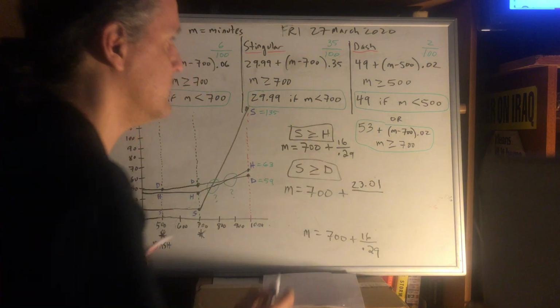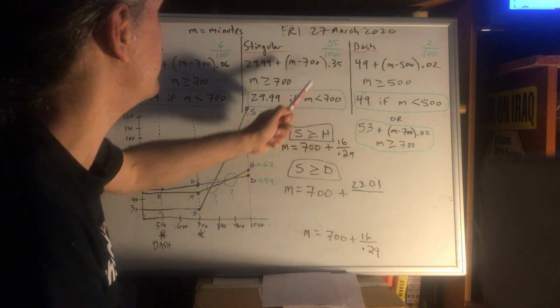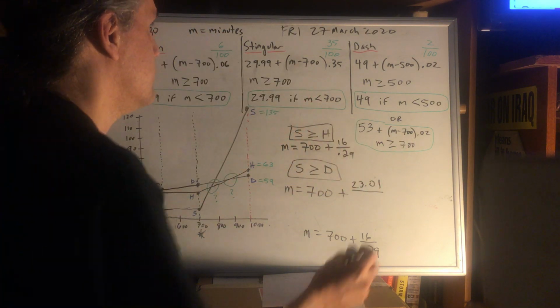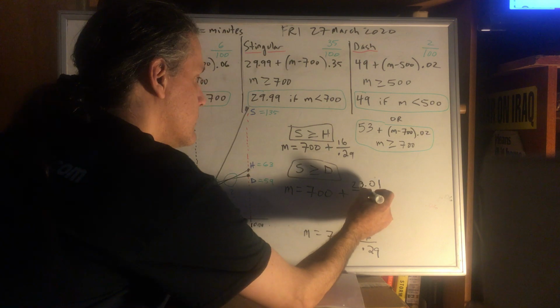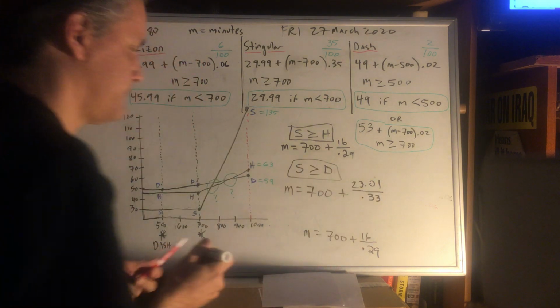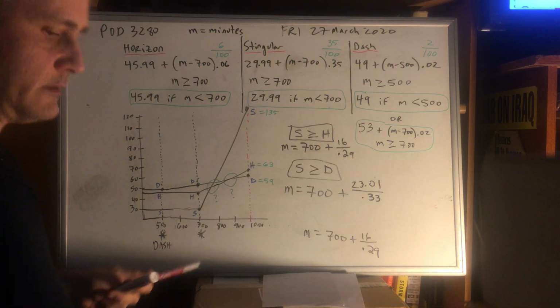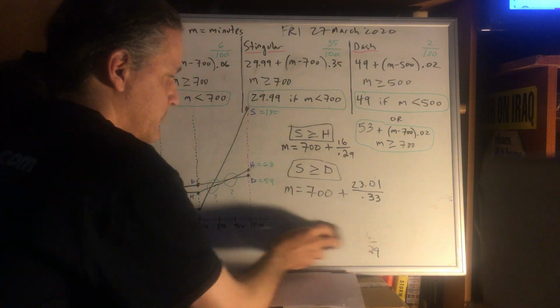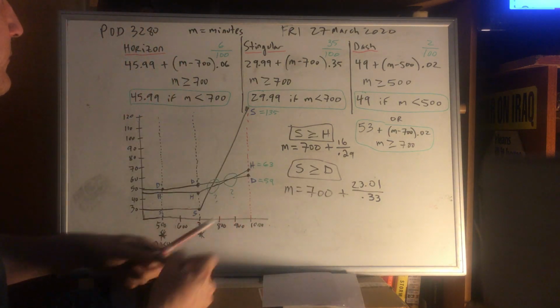Right, and then we divide by the difference in the rate, 0.02, 0.35, so this would be 0.33. Again, notice that recognizing the pattern, we're able to get that result pretty quickly.